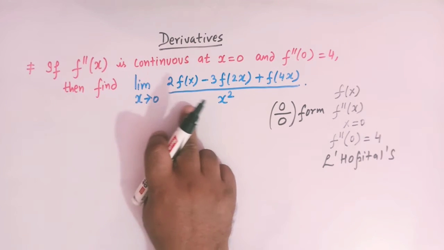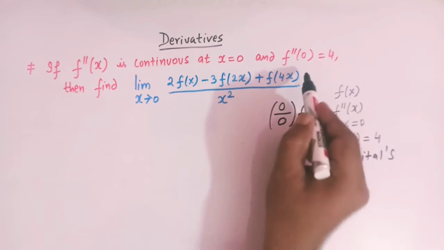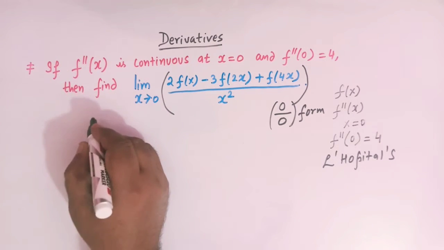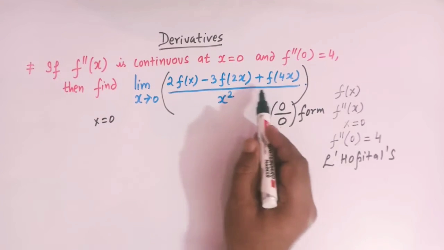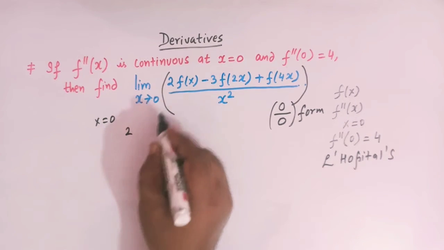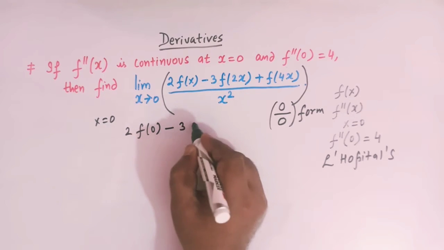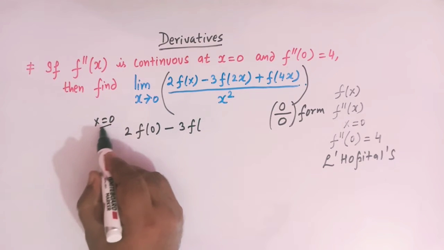So let us see, if we take x is equal to 0 in this expression, let us see the form of this function, right? So see what we will have. We have 2 times f of 0 minus 3 times f of 2 times 0, right? Because we are taking x is equal to 0.